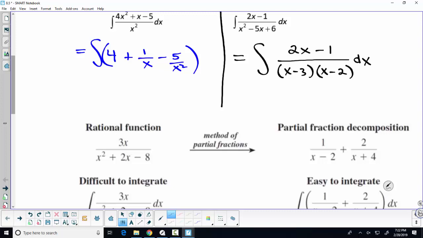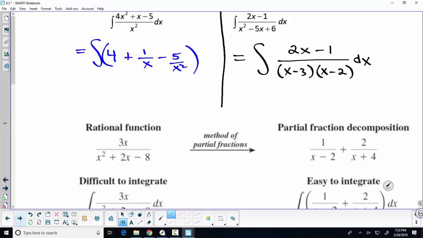Okay, and we'll look at that in a moment, but the idea here is you've got two linear factors that aren't repeated. So that first one where it says partial fractions with simple linear factors, we would end up breaking this integrand down according to that formula, where it says P of x over Q of x.